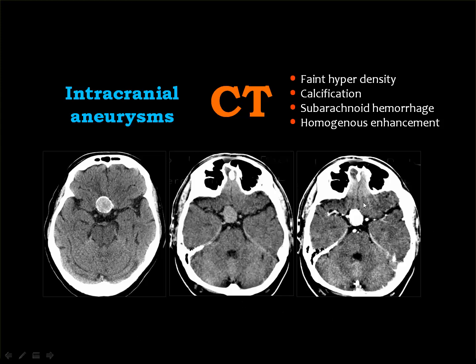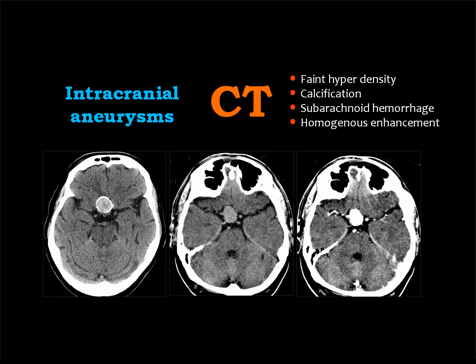The CT findings of an aneurysm, if you do not inject contrast material, the aneurysm will show faint hyperdensity, sometimes with marginal calcification, and if there is an associated subarachnoid hemorrhage, you can see it in the scan. But if you inject contrast material, the aneurysm will show homogeneous post-contrast enhancement.